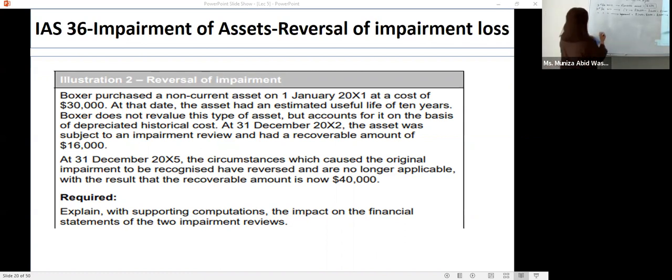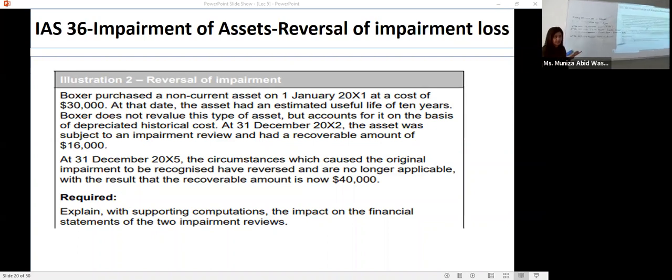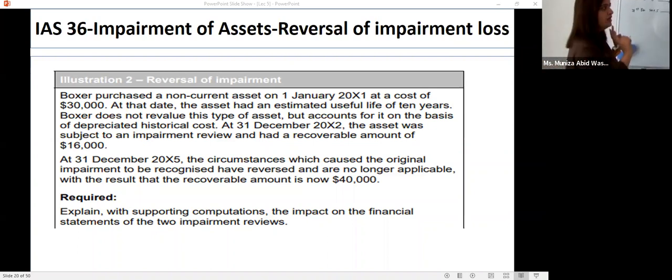So at 31st December 2005, there is again an impairment review in which we have found that the recoverable amount is now 40,000. They have told us that we have to reverse the impairment, but still we are going to check whether there is an impairment again happening or not.